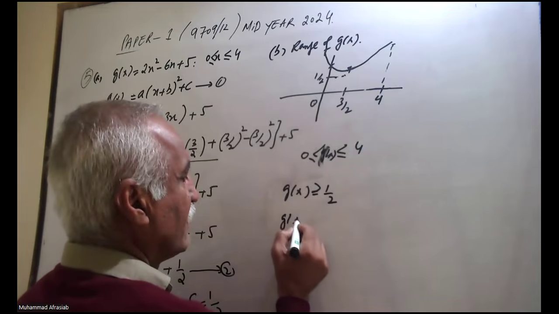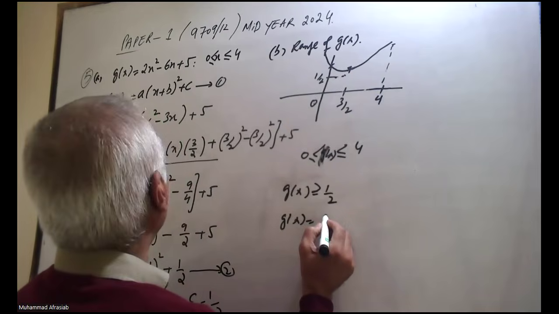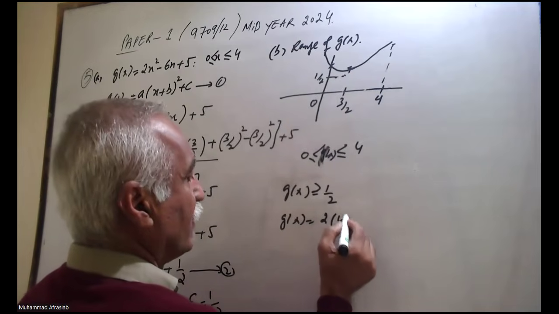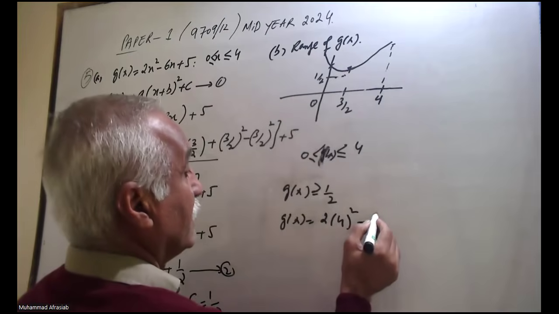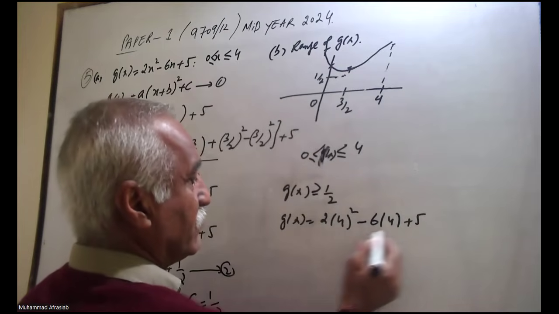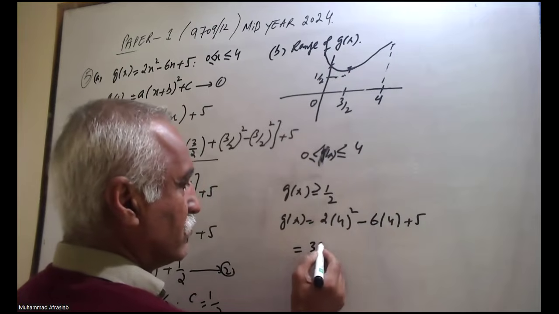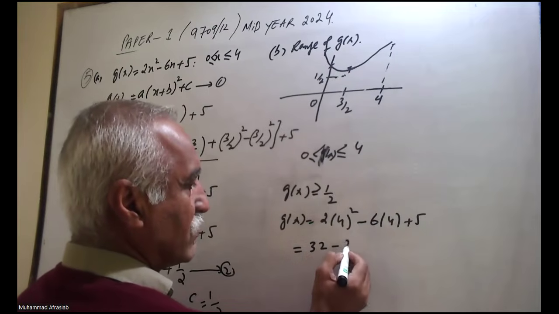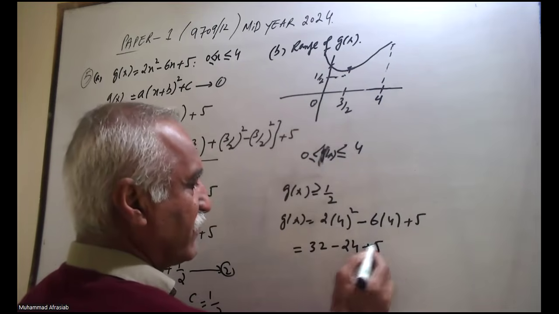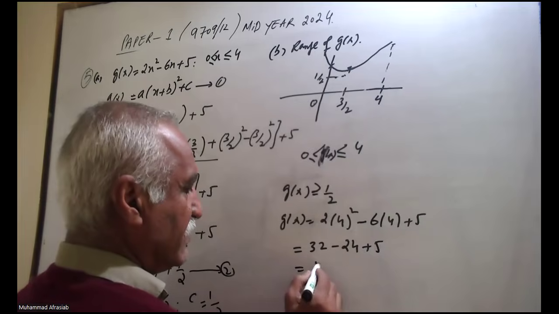And again, g(x), if you put 4 into this, then it is equal to 2 into 4² minus 6 into 4 plus 5. So that thing is equal to 32 minus 24 plus 5, which is 13.